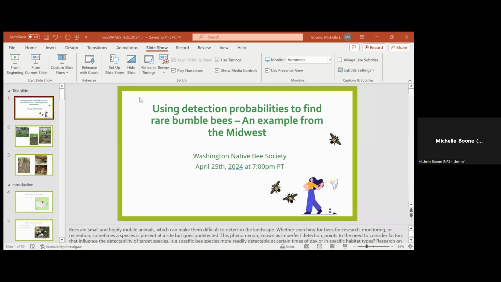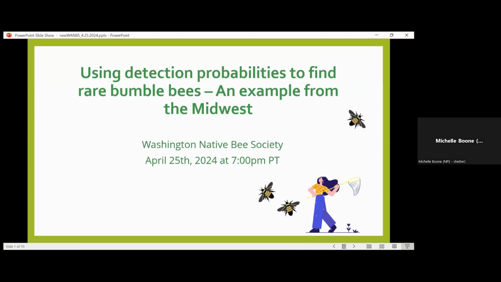Oh, I see it, but which should I pick, full screen or window? I would pick window. Window, okay. All right, now can people see the right view? Yes. Awesome. Thank you for your patience.